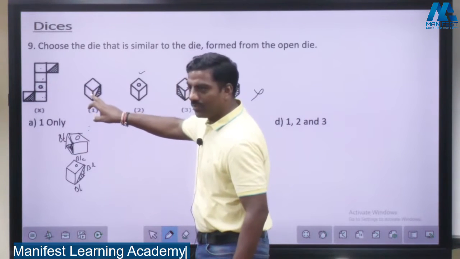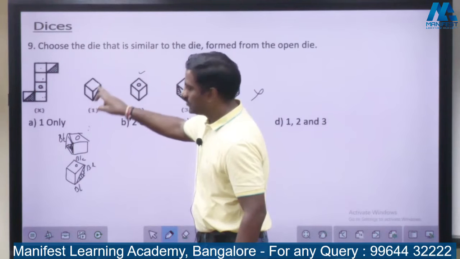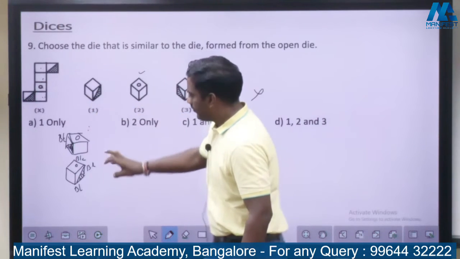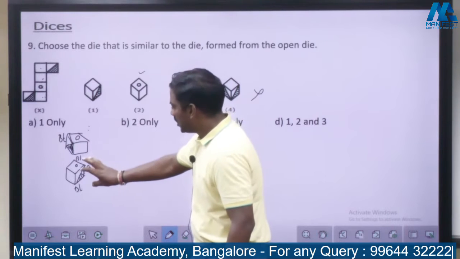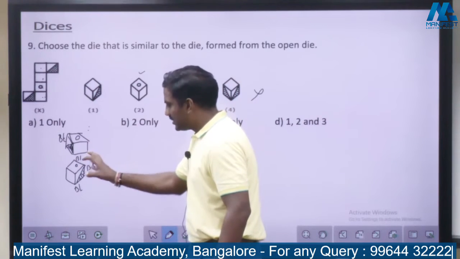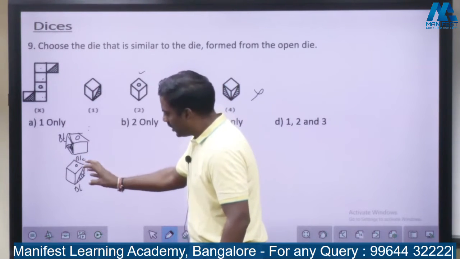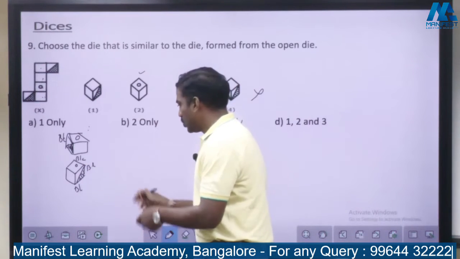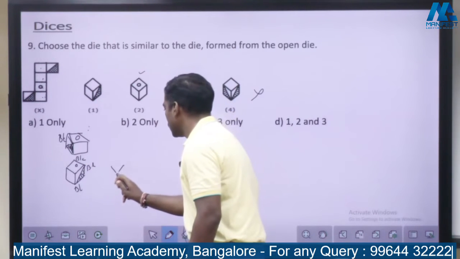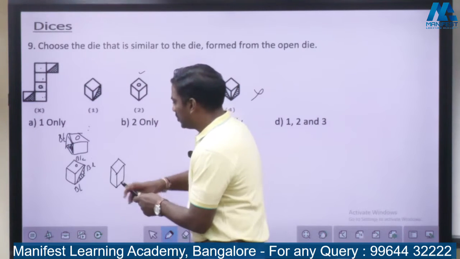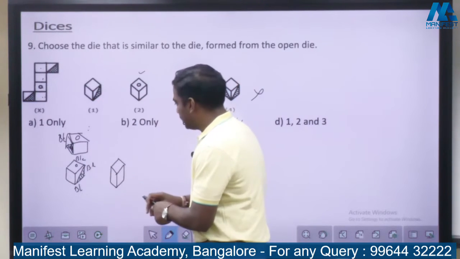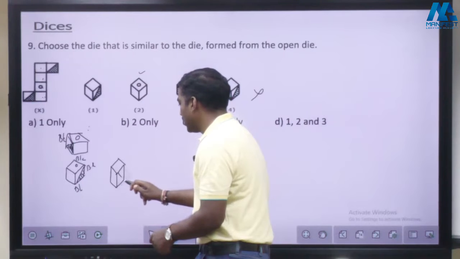If you want two blanks on top and left, you have to rotate like this. Hold the shaded portion and rotate like this. So what will happen? Shaded portion, when you rotate like this, the shaded portion will come like this.